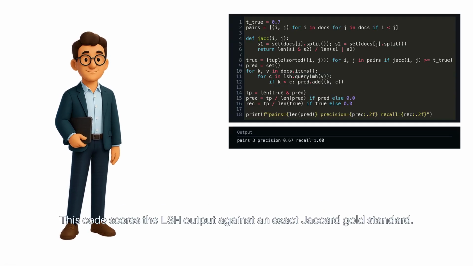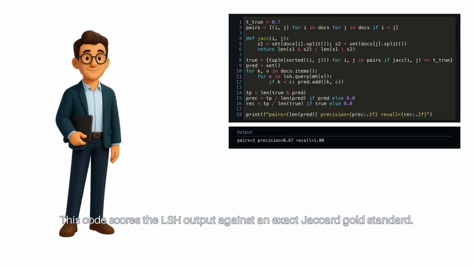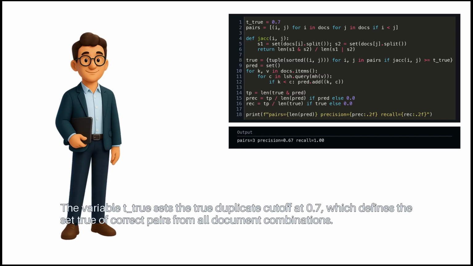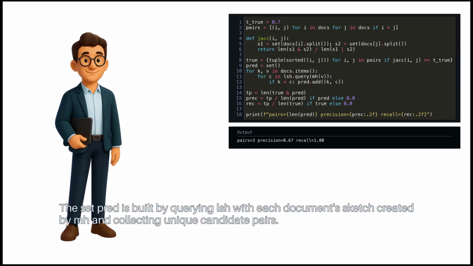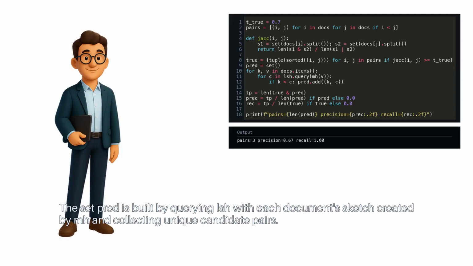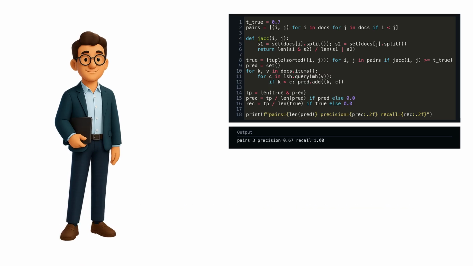This code scores the LSH output against an exact Jaccard gold standard. The variable t_true sets the true duplicate cutoff at 0.7, which defines the set true of correct pairs from all document combinations. The set pred is built by querying LSH with each document sketch created by MH and collecting unique candidate pairs.